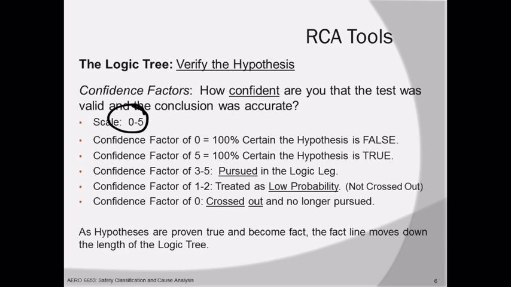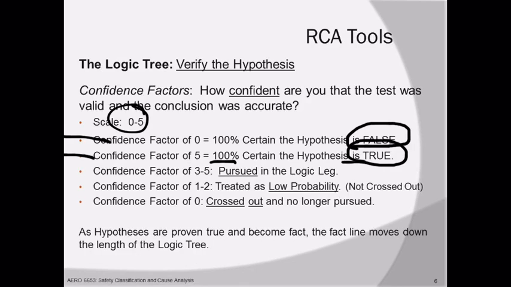A confidence factor of 0 is you are 100% certain that the hypothesis is false. 100% certain it's false. That's 0. A 5, on the other hand, a confidence factor of 5 means you are 100% certain that the hypothesis is true. So 0 is false, 5 is true, both with 100% certainty. 1 through 4 then are variants in between.